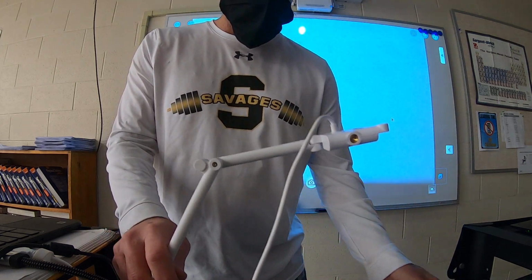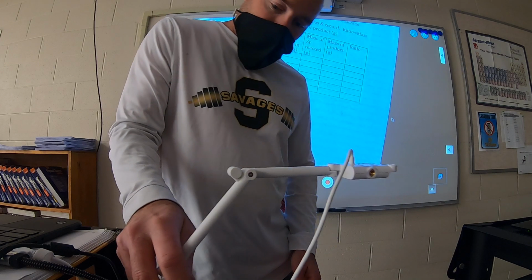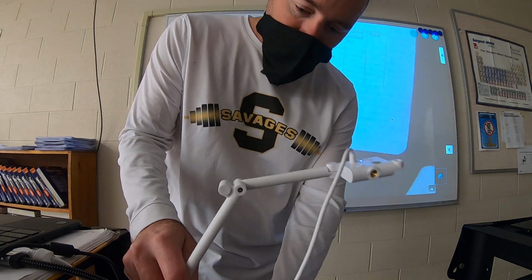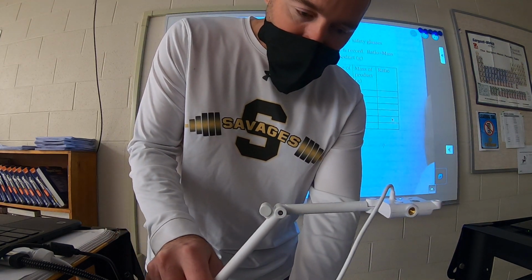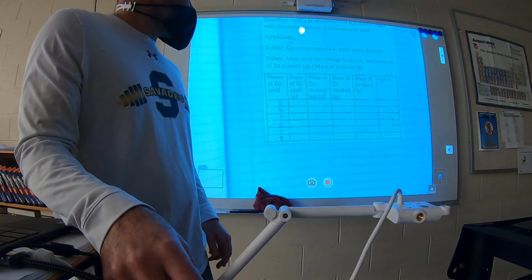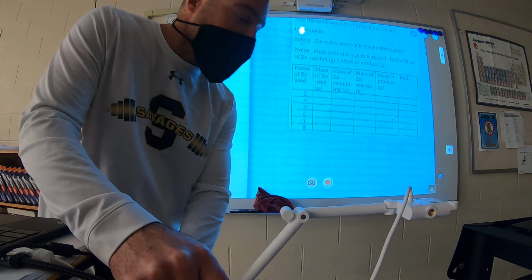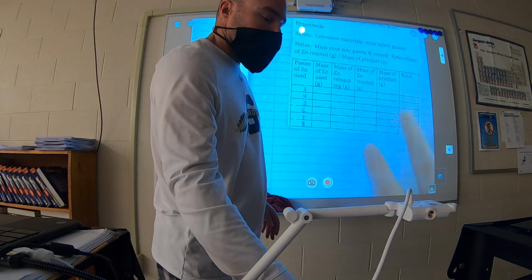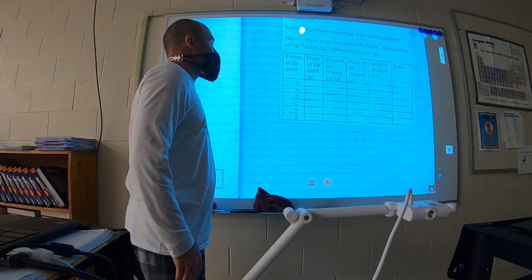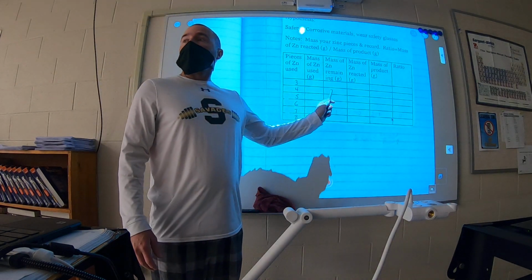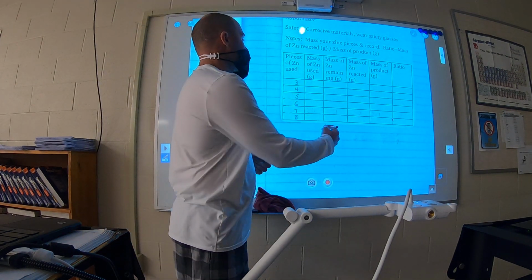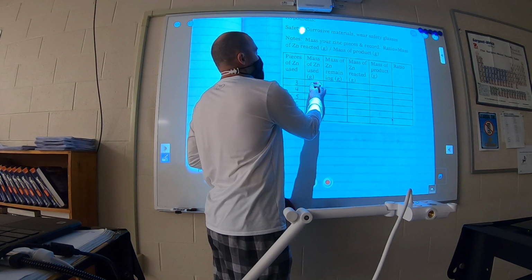And the first thing I want to do is fill out this data table. So let's go through and put all the numbers in there. So who had 3 pieces of zinc? Wyatt, what was your mass of zinc used? 0.3.